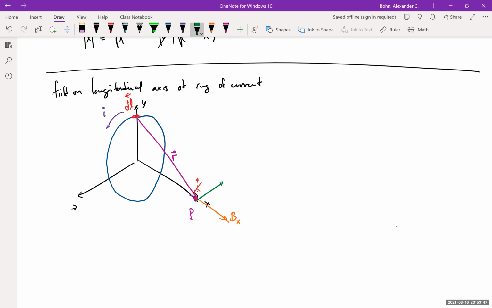And in keeping with the diagram we were just looking at, squiggle that. All right. So let's write down the formula we're going to use. It's the law of Biot-Savart: mu 0 I over 4 pi, dl cross r hat over r squared. Now, the radius of the loop is a.